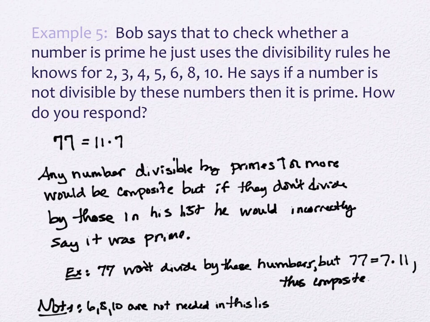And the real reason is because they're not prime. So that's not like the bigger issue. It definitely made something that you would have to test that was unnecessary. The bigger issue is simply that there's more prime numbers than the ones he wrote down. And the ones he wrote down, of course, are prime, but there's more than he wrote down.